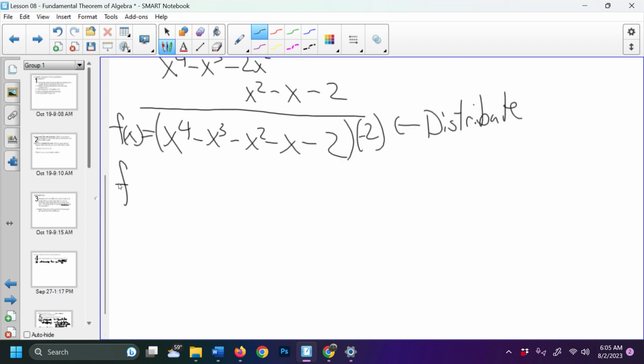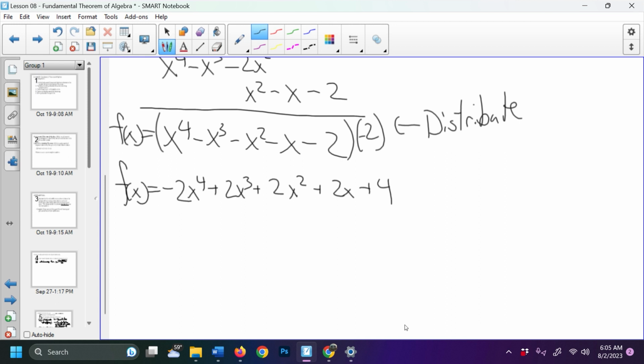And I'll say f of x is equal to negative 2x to the 4th plus 2x to the 3rd plus 2x squared plus 2x plus 4.